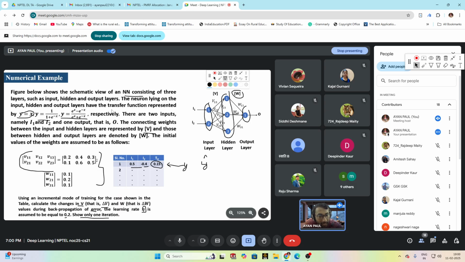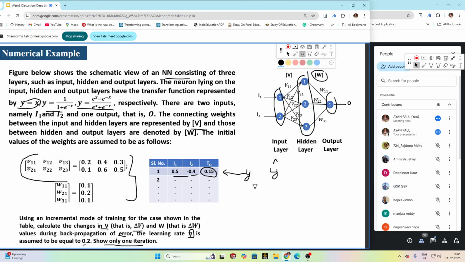Okay, let me show you again. There are two things. This is the neuron, right? This is the pre-activation part, and this is the post-activation part, or the output of the neuron. In the pre-activation part we are doing wx plus b, that is weight into the input plus the bias. Once we get this, let it be z.